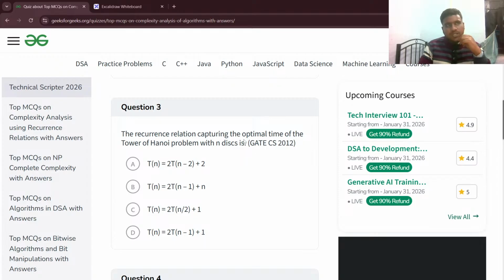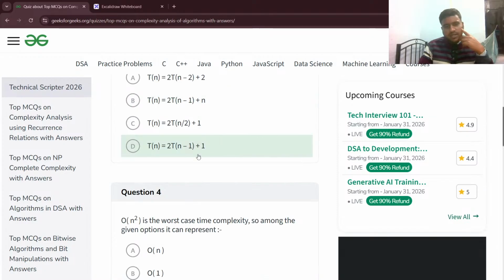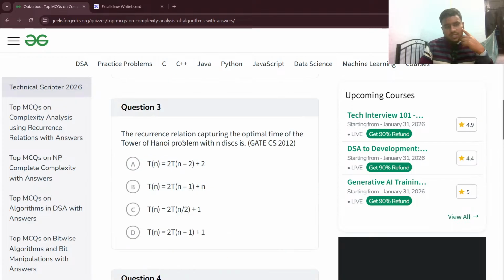So to be honest, I do not have an in-depth understanding of the Tower of Hanoi problem, because when I studied it, the weightage of this topic in my semester examination was not that high, so I did not go deeper. But what I can do is understand the time complexity of this problem.